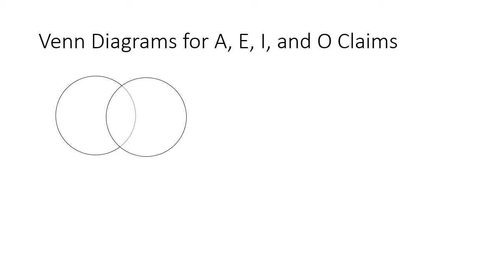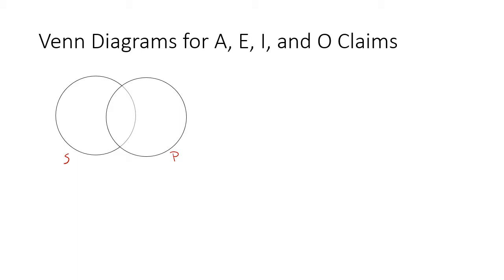So for instance, the A claim is All S are P. So here's a Venn diagram where we can put the S on the left and the P on the right, and whatever our S and P are, we will represent it like that.